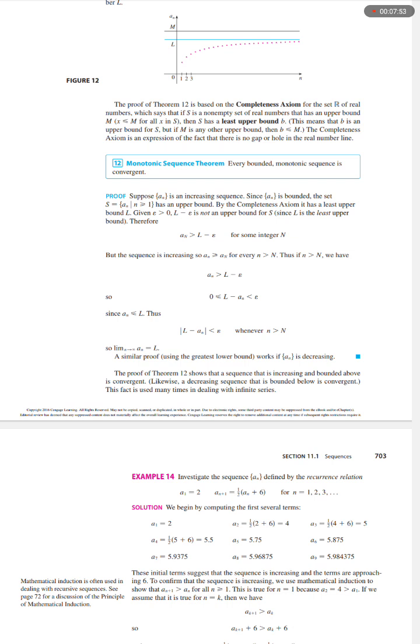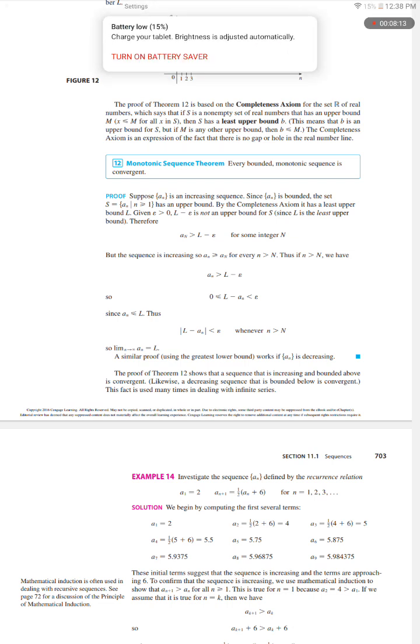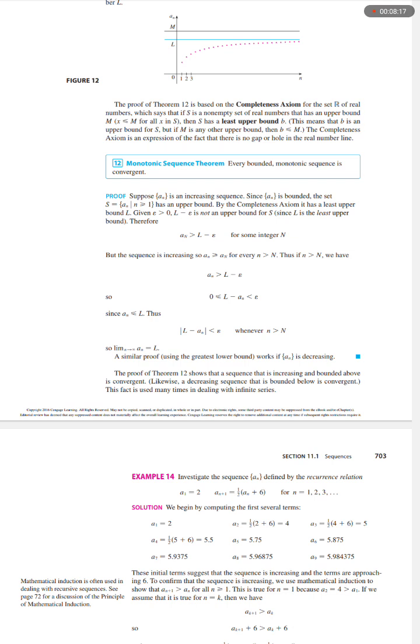Since (a_n) is bounded, the set S = {a_n | n ≥ 1} has an upper bound.